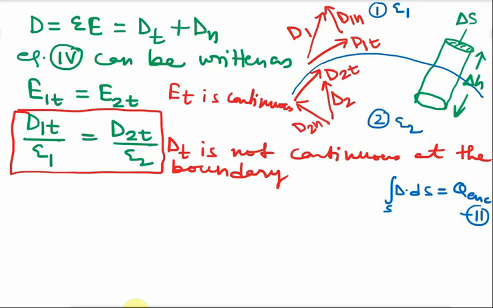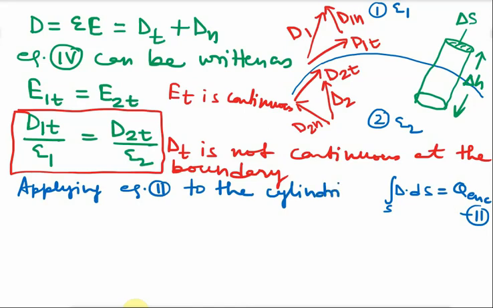Now applying equation 2 to the cylindrical Gaussian surface, this is the Gaussian surface we have assumed here, and the contribution due to the sides vanishes.